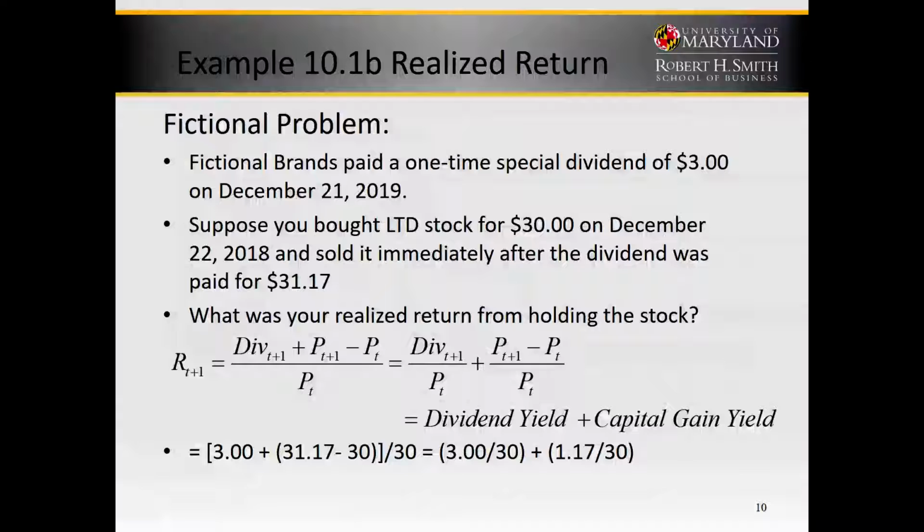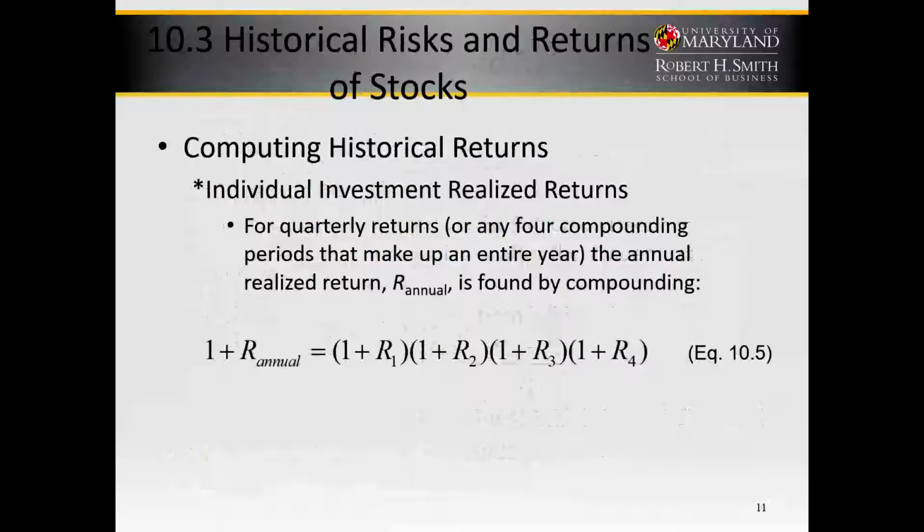Now, what if you get paid dividends not annually, but quarterly? Well, then what we're going to do is something we call compounding to get our annual return. So what we need to do is to take each individual return throughout the year, add 1 to it, multiply each of those 1 plus returns together, and then we'll take the nth root.